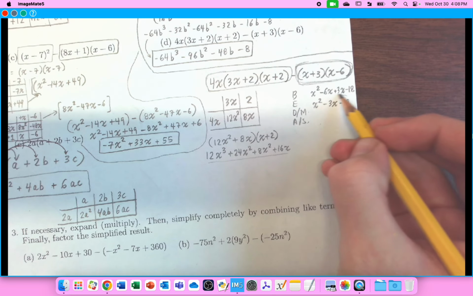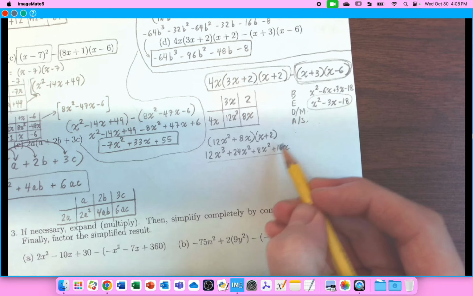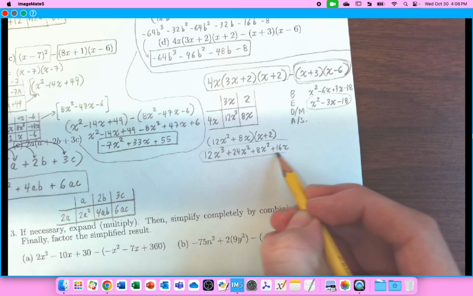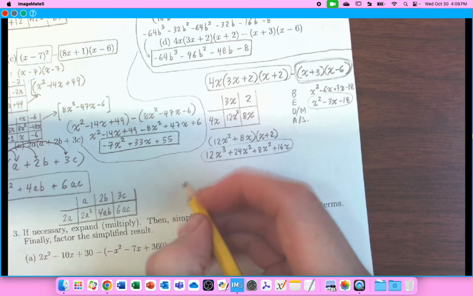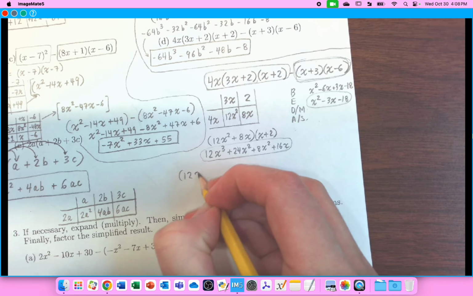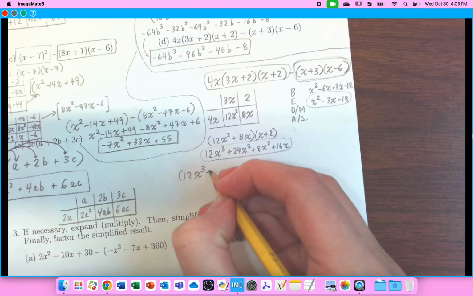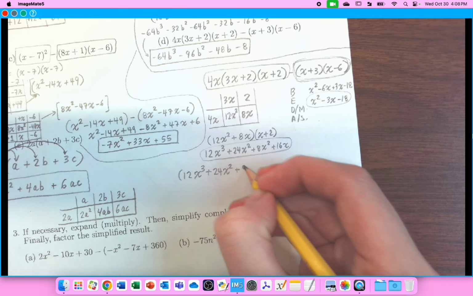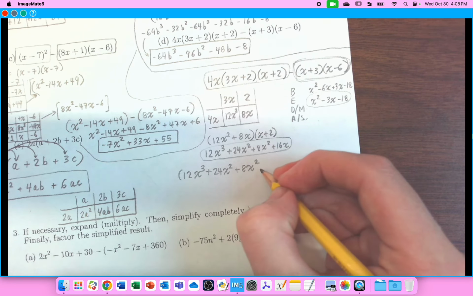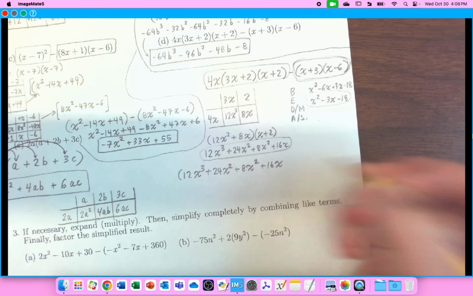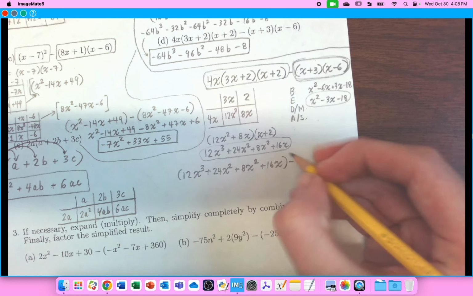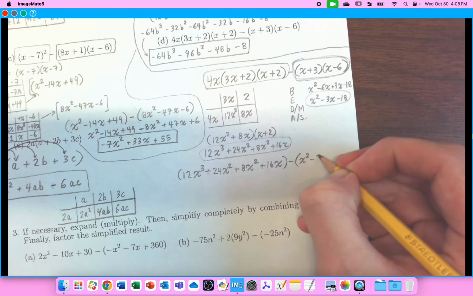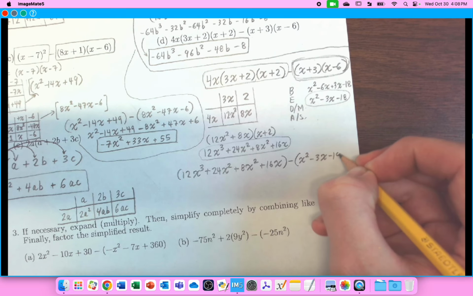So that's what I want to subtract from this. So 12x cubed plus 24x squared plus 8x squared plus 16x, minus x squared minus 3x minus 18.